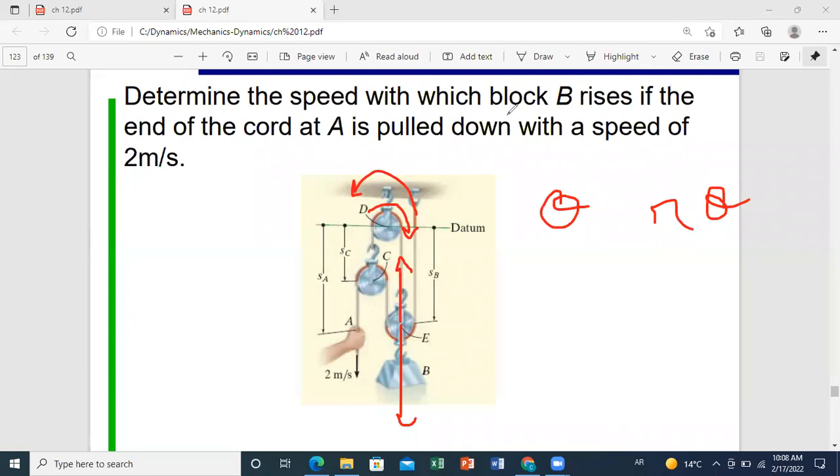Okay. Any other question on the selection of coordinates? Yes, Doctor. It looks like C and E are also connected. Do we consider the distance between them as S of B minus SC? No need to take another coordinate here because this distance is a function of these two.